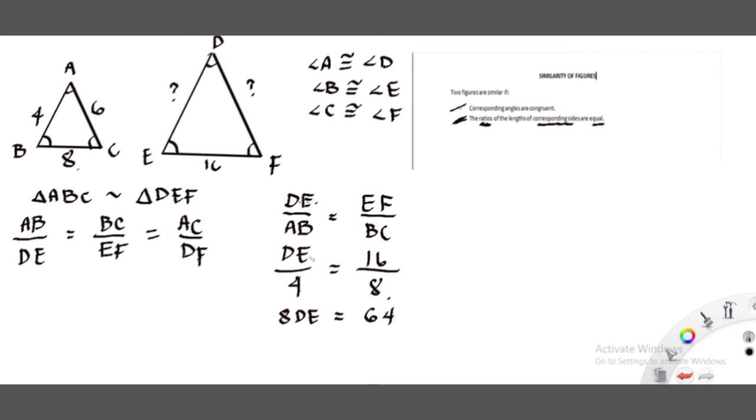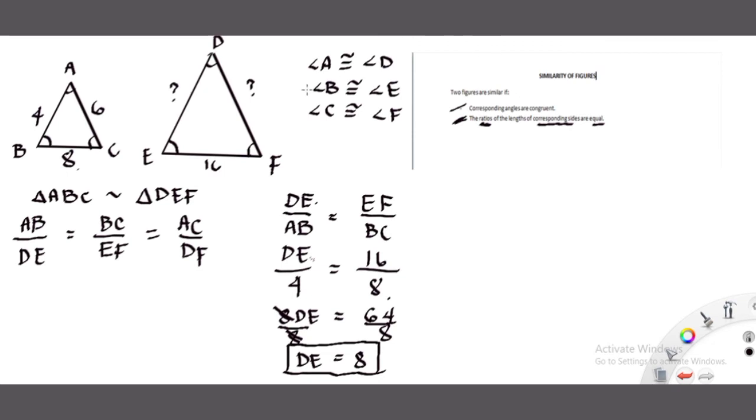Aside from DE, pwede rin kayong gumamit ng any variable na you are comfortable to use. Again, we are solving for DE. Meron siyang 8 sa kanyang gilid. So, we will divide both sides by 8. We will now cancel 8. So, we have now DE is equal to 64 divided by 8. That is equal to 8. Therefore, ang value ng DE is 8. Alright, so that's 8 units.